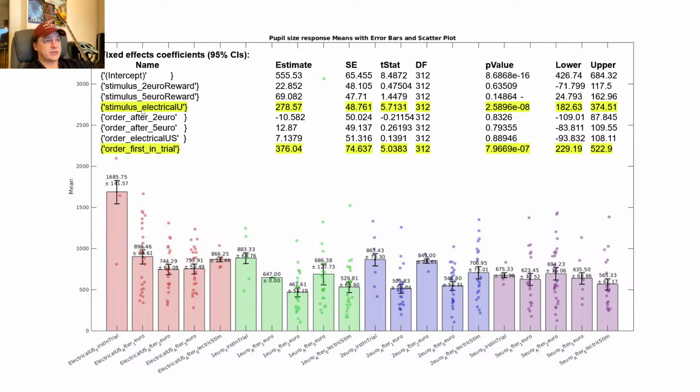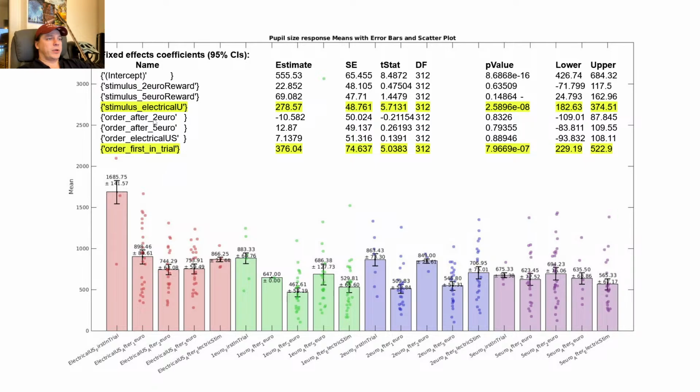The main difference we see is that the electrical stimulus was significantly higher than the monetary reward as well. And when we take the order of appearance as the second fixed effect, second predictor, we see that only if they go first do they have some effect. The other effects are not significant, and they are estimated really low.